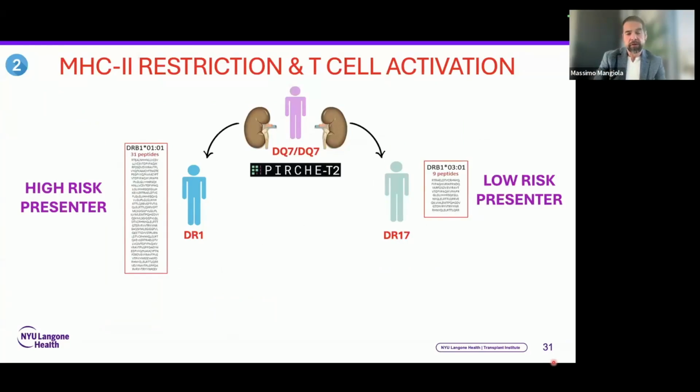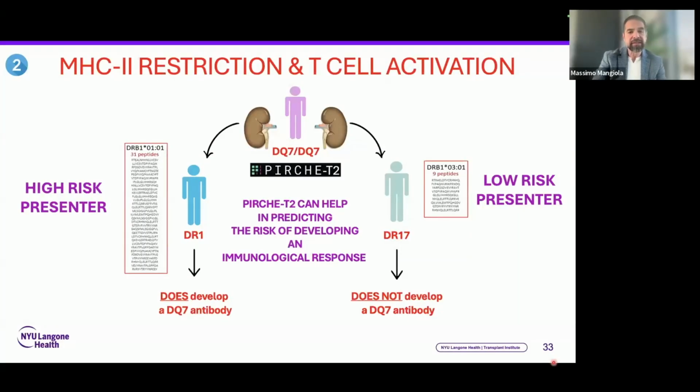So if you have this donor, and one organ is transplanted into the DR1 patient and the other organ into the DR17 patient, there is the possibility, especially if there is no compliance, that the DR1 patient will develop DQ7 antibody whereas the DR17 patient does not. This is exactly what PIRCHE can do. PIRCHE can give you the probability, the risk that this is occurring, given the capability of the host immune system to present this non-self.